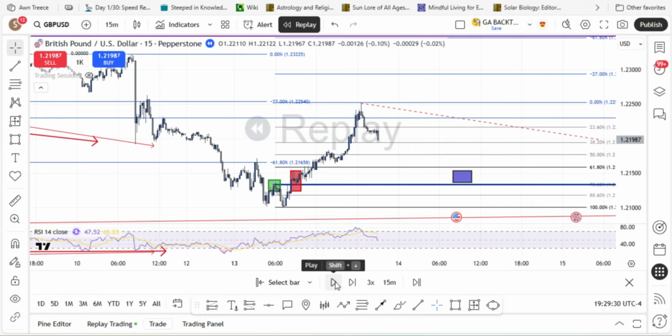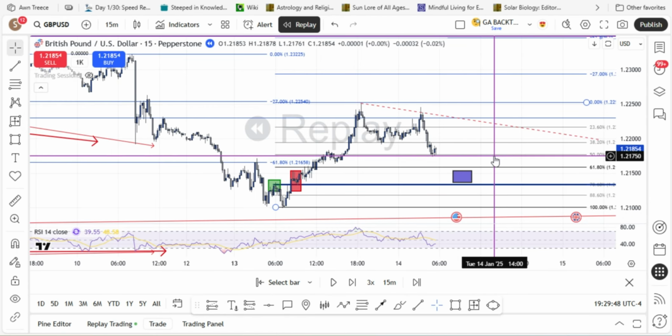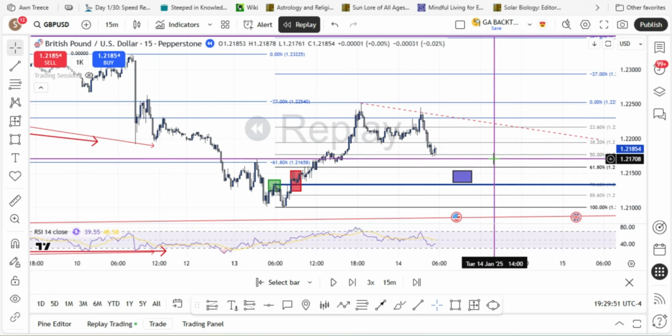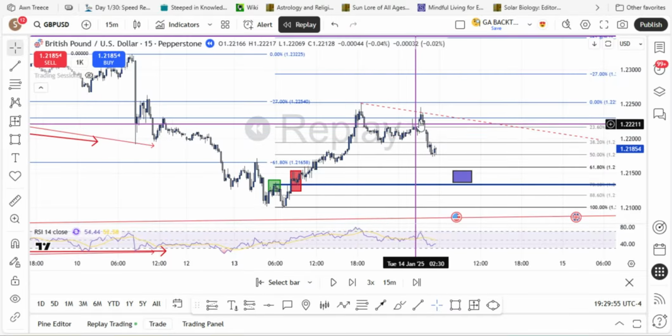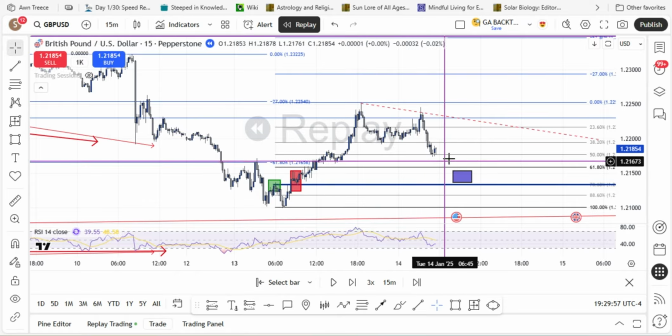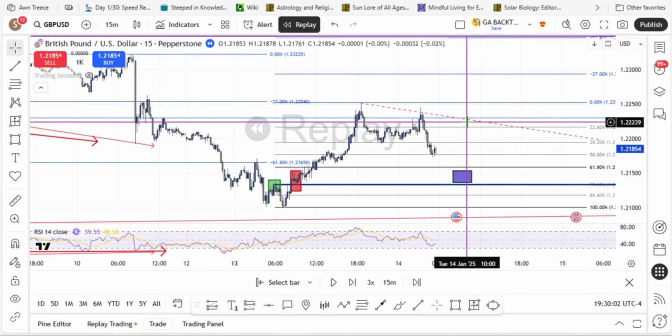Okay. So let's see. All right. And right around here, that is kind of what says break and retest. But you also see here that it's forming some structure. So this one, we'll go ahead and draw out that trend line.